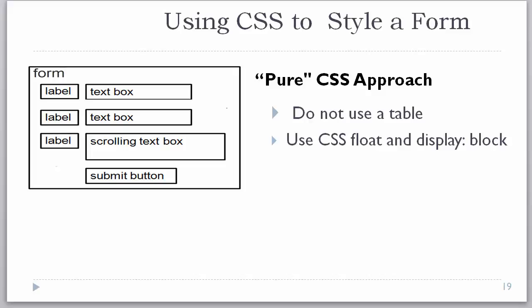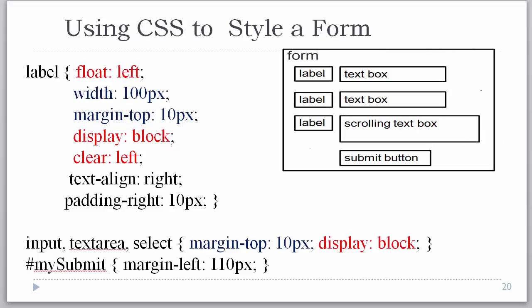By the way, if you recall, all form elements are inline elements, meaning they all go across the page. They are not by default block level elements. So in order to float them, we need to set the display property to block. All right, so notice on the left hand side we will be setting our labels to display block, and you should do that to the text boxes, although that's not necessarily required.